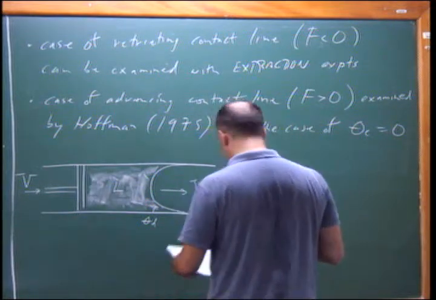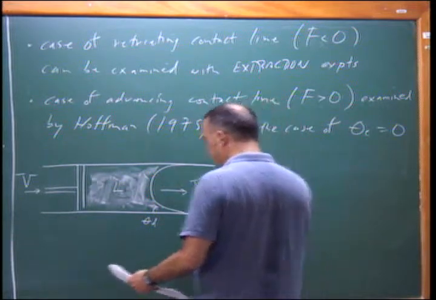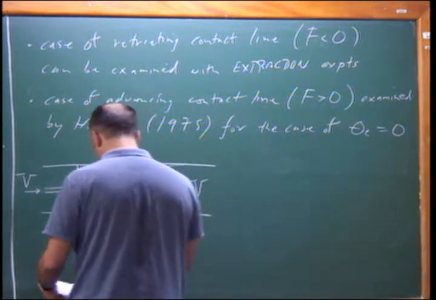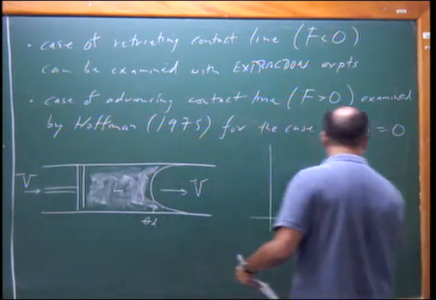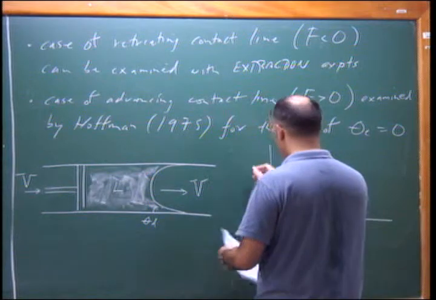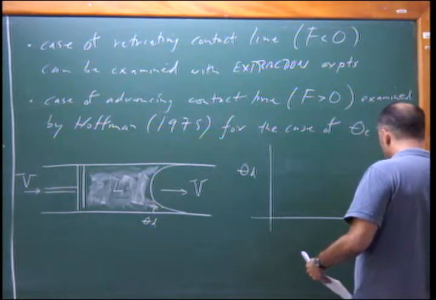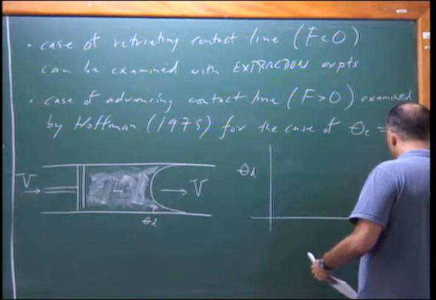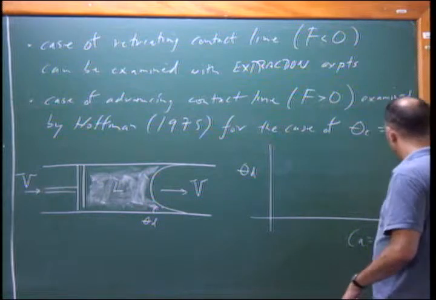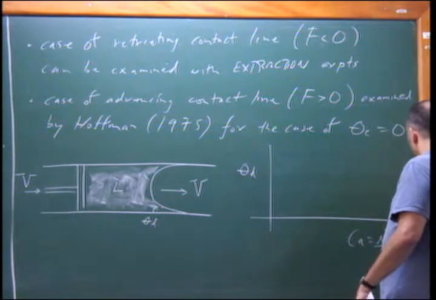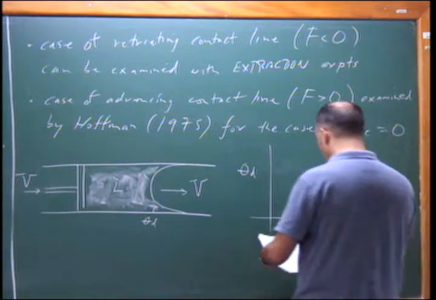Okay, so the observations. We can plot this in terms of a non-dimensional parameter, the capillary number, which is built from fluid properties. So this is basically theta d versus speed, and it looks like this.